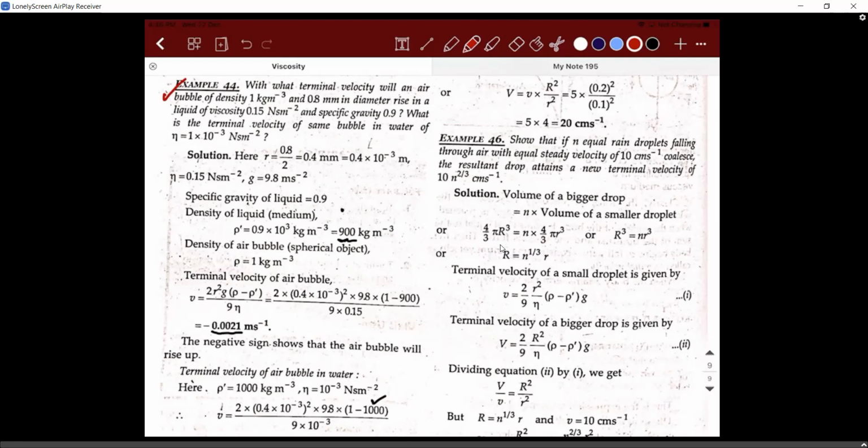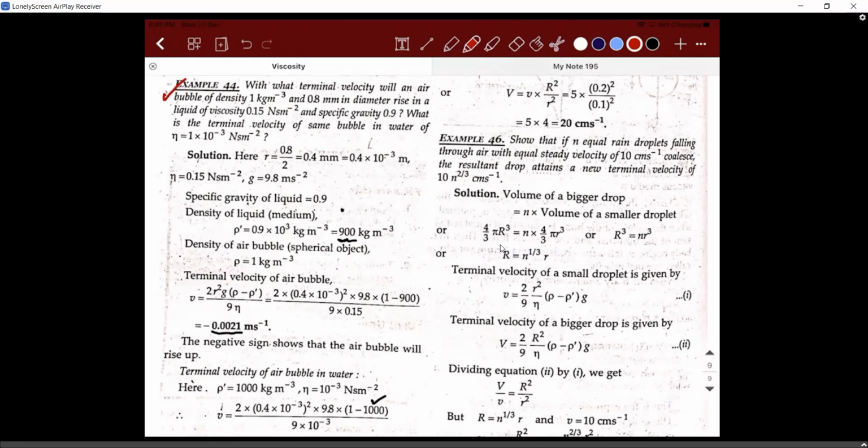When the density of the solid is less than that of the liquid, right? That is what is going to happen. Did they give the density of the liquid? Specific gravity is given, right? So with specific gravity you can find it out. Specific gravity is relative density.